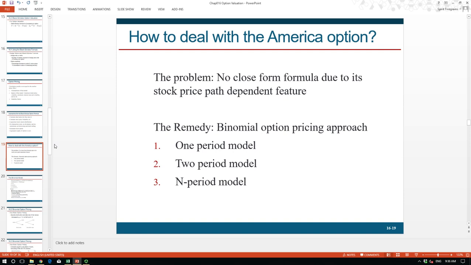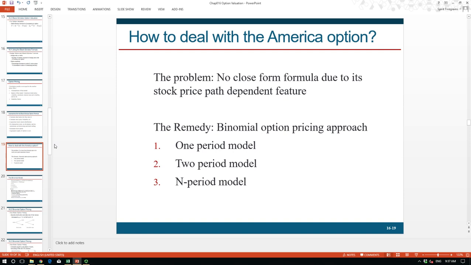Notably, one solution that works really well is the binomial option pricing approach. It's a very smart approach, and it's not complicated at all. It looks like a kid's game to get an option price.